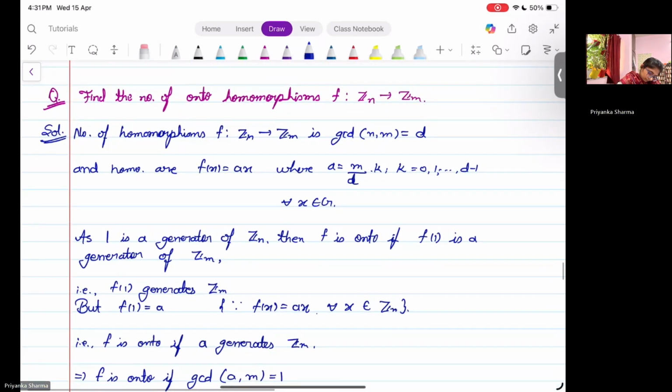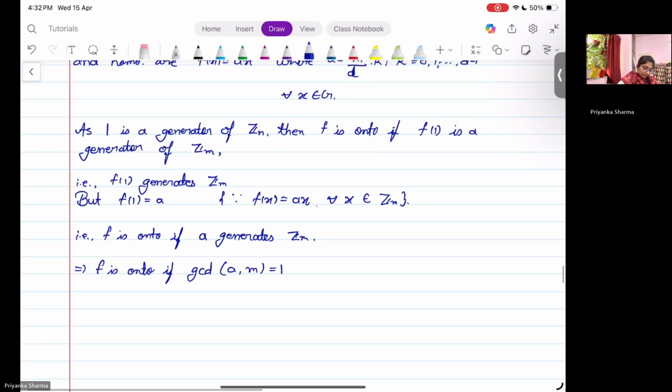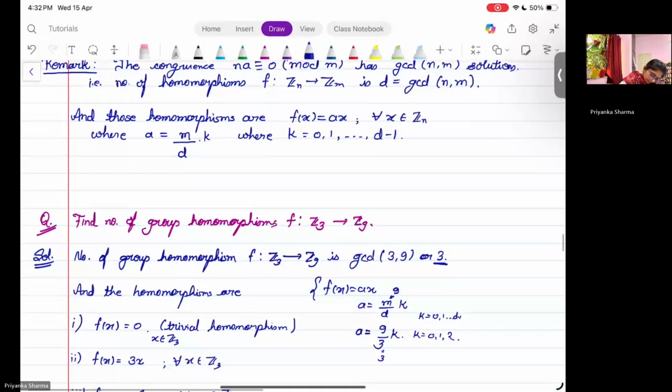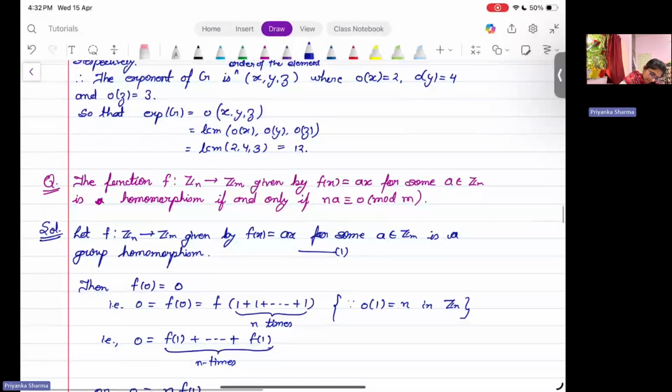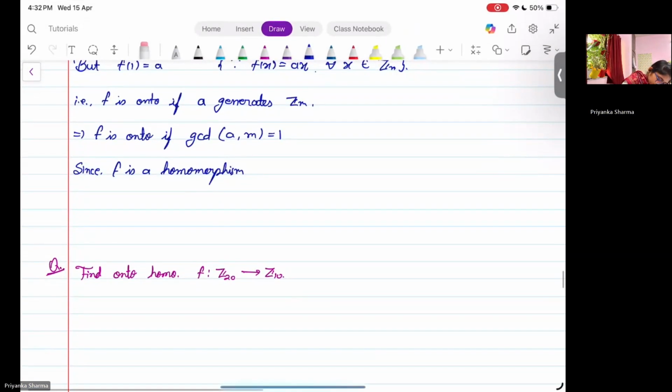Now, since f is a homomorphism, by the previous result we have that na is congruent to 0 mod m. That is, m divides na.